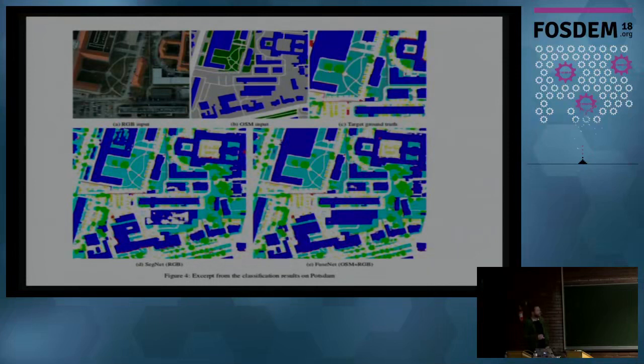For instance, here there is the output prediction with only the RGB input, and here there is the output prediction with both the RGB input and a training with the extra layer information. And for some buildings, you can see that we decrease some artifacts.